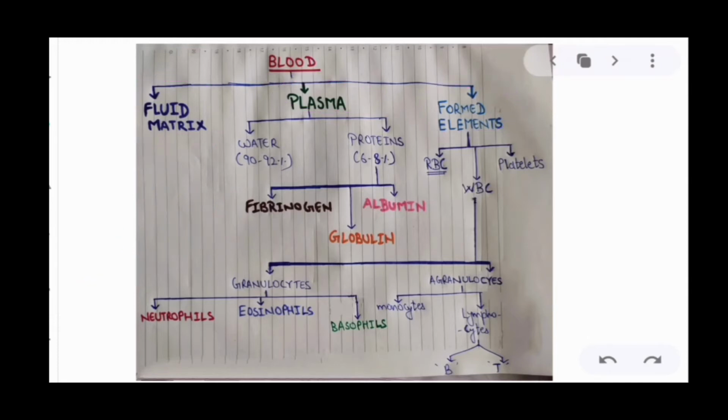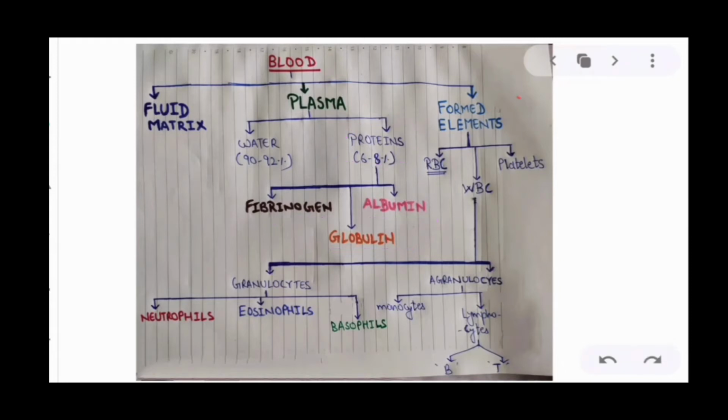The plasma again has 2 constituents: the water, which constitutes 90 to 92%, and the proteins, or the plasma proteins. The proteins constitute 6 to 8% of the plasma, and these proteins are of 3 types: the fibrinogen, the globulin, and the albumin. We will study this in detail in the upcoming slides.